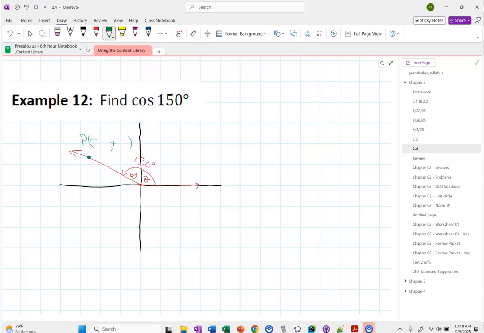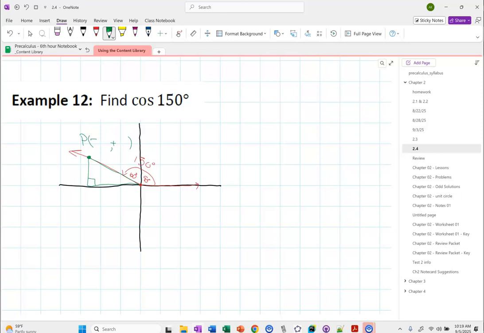Okay. Now that I've done this, I'm going to do the same thing I did at the very beginning and draw my reference triangle. There it is. What does this angle here have to be?